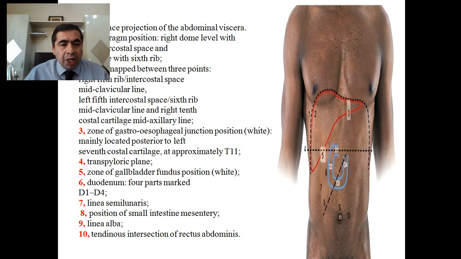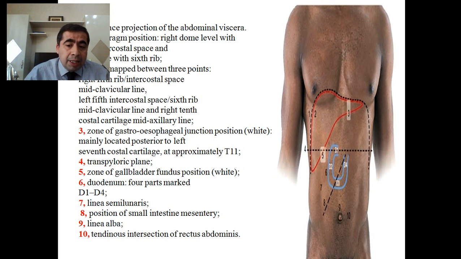Mesentery is a derivative of the peritoneum, the duplication of the peritoneum, the bilaminar plate of the peritoneum, and it begins at the level of L2. L2 means the second lumbar vertebra, at the left border of the second lumbar vertebra actually, and it descends to the right iliac fossa.